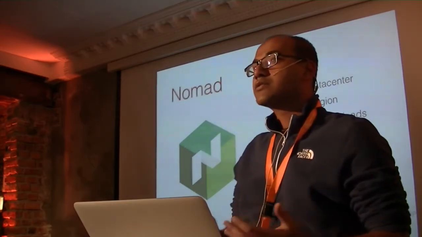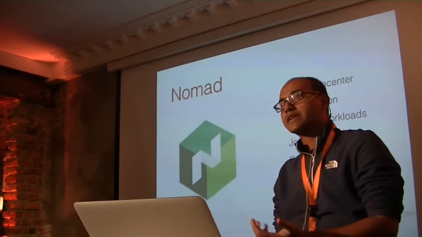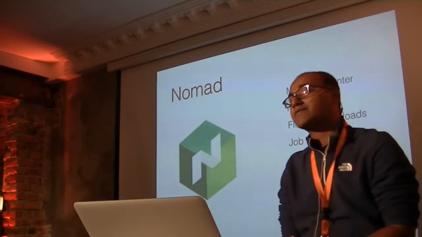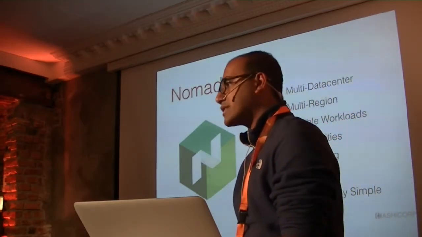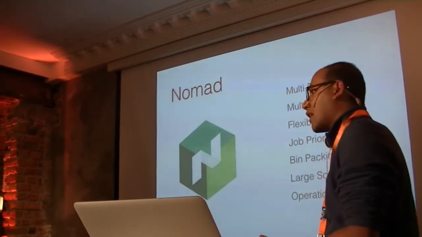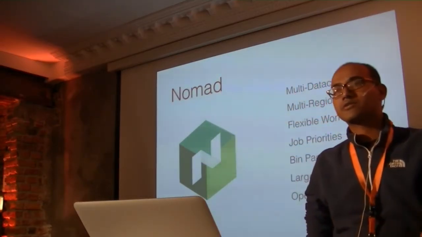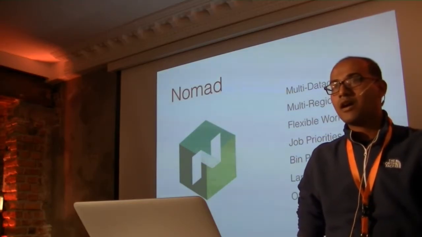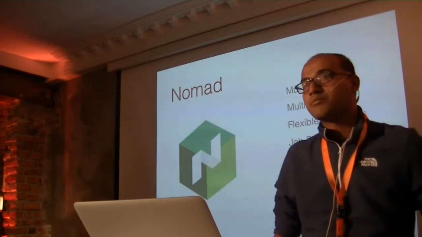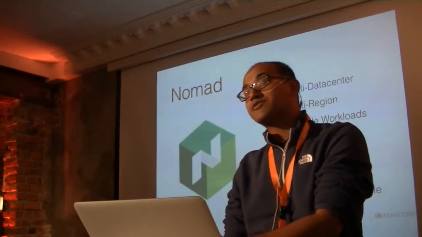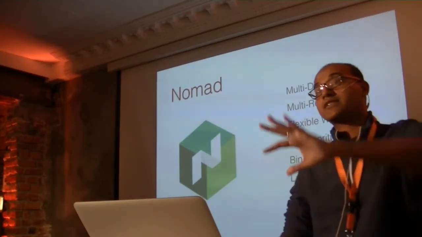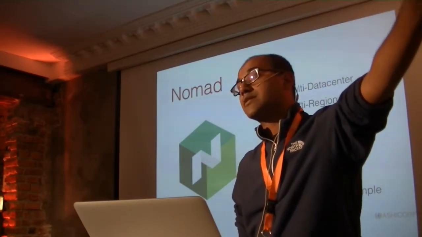I'll give you an example. At Netflix we do active-active. What it means is we ran our services both on Amazon US East 1 and also US West 2. We were on multiple regions, but if US East 1 failed, we had the luxury of running the whole of Netflix from US West 2.